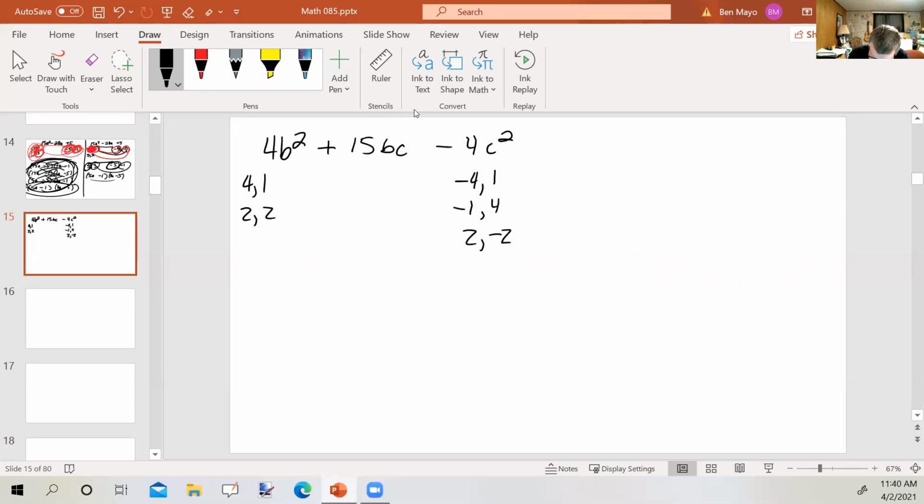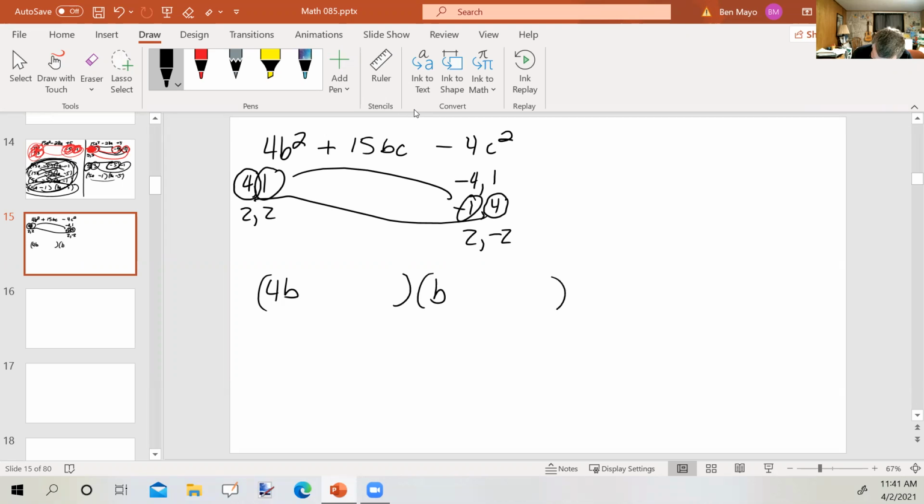Now, if I take this number times that number plus this number times that number, 4 times 4 is 16. 1 times negative 1 is negative 1. 16 plus negative 1 is 15. Aha. So that means I've got to have a 4b and a 1b. And the 4 was multiplied by the 4, so plus 4 minus 1.